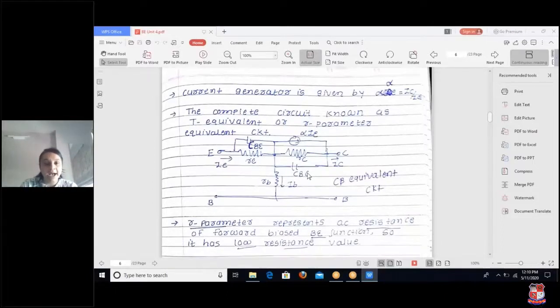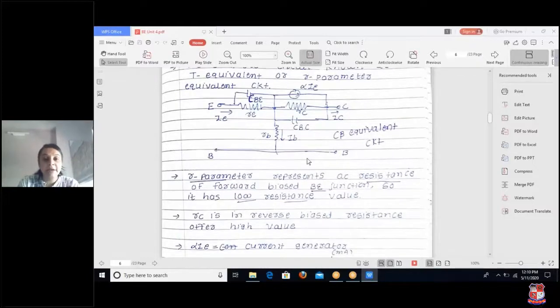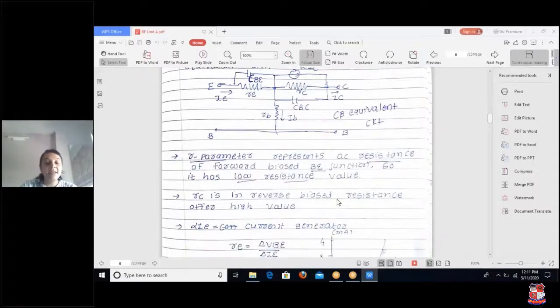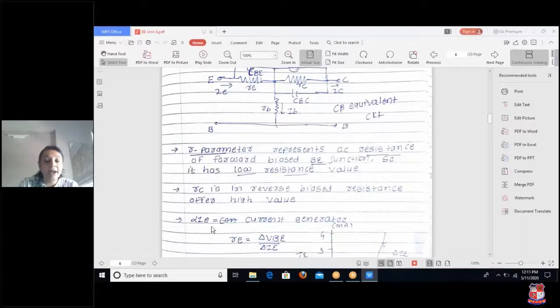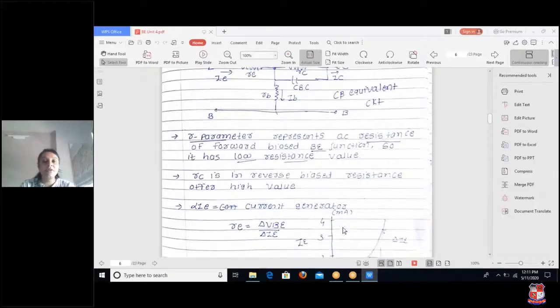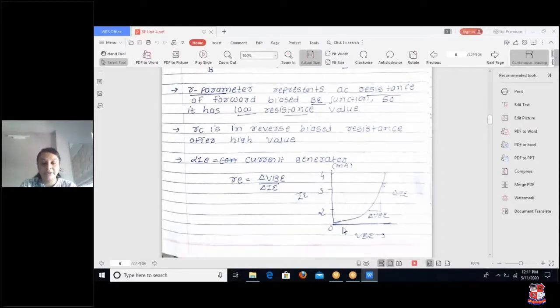Okay, so these are the R parameters, and the R parameter represents the AC resistance of forward bias BE, and it offers a low resistance value, right? And RC, which is always connected in reverse bias, offers a high resistance value. And how do we find the value of RE? Alpha IE is your current generator, or you can say the current source.